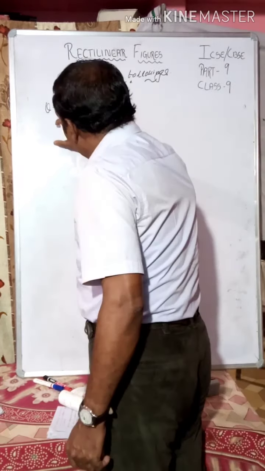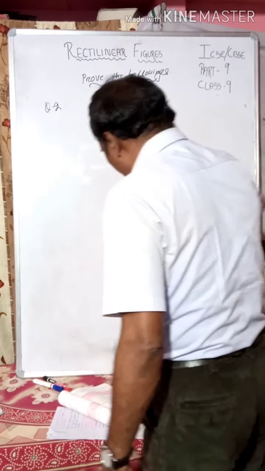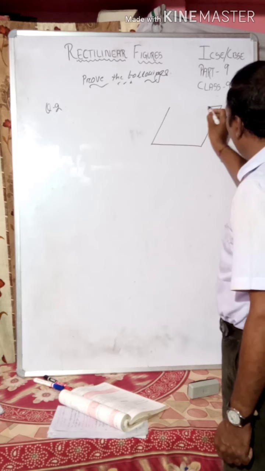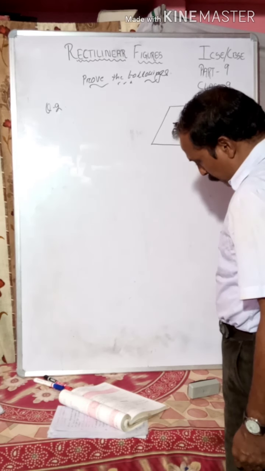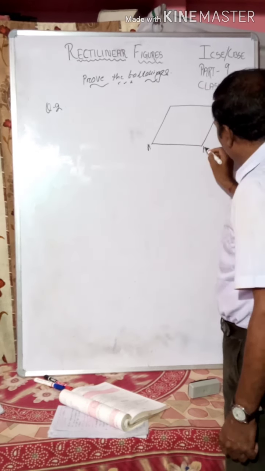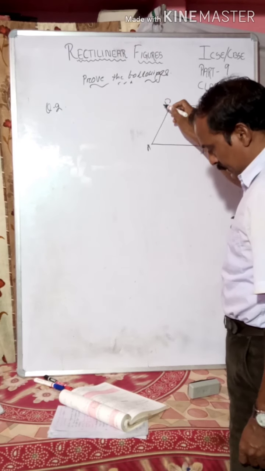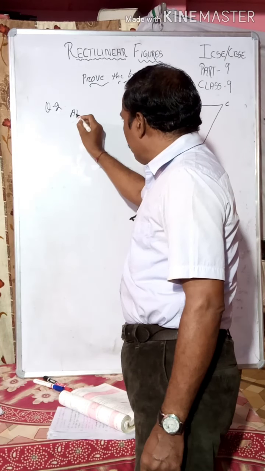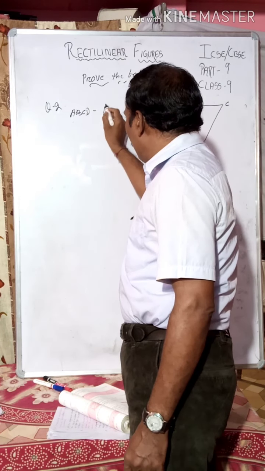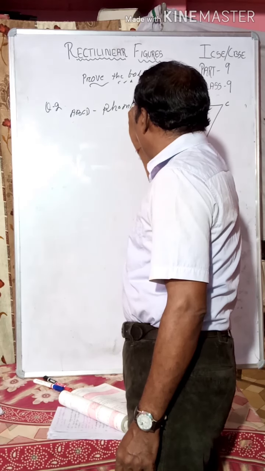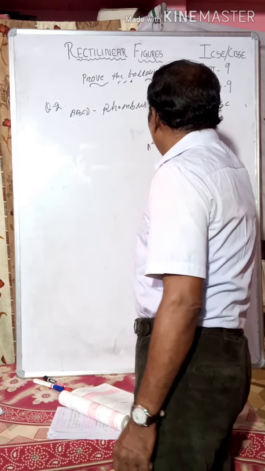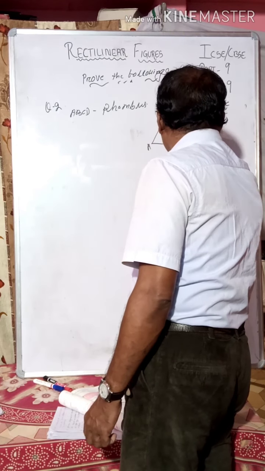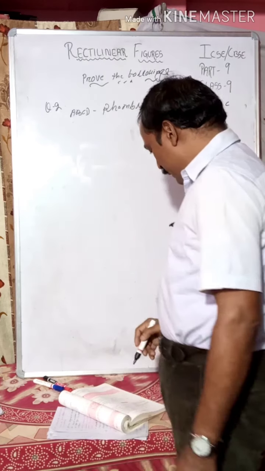Question number 2, also a given figure. This is a given figure. A, B, C, D. So ABCD is a rhombus, given. ABCD is a rhombus, and here is a diagonal.